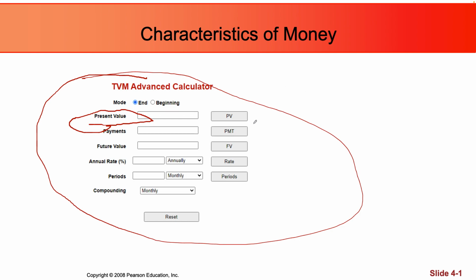And it will be a positive value because that money comes to us. Now, say you're buying a car, you may not actually see the cash, but that cash is used to pay for the car, and then you get the car. You're paying for a house, the loan, you don't see the cash for the house, but it gets transferred to the seller. So this present value is our loan amount.